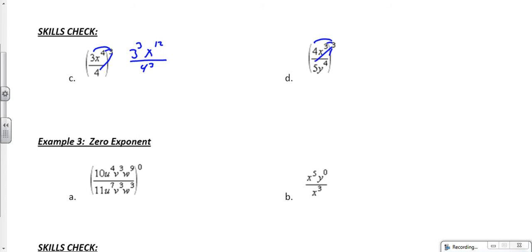But again, I should mention this. Always make sure you see if you can reduce the inside of the parentheses first. Nothing can be reduced, so that's why I'm going ahead. 4 to the third, x to the 9th, because 3 times 3, over 5 to the third, and y to the 12th.